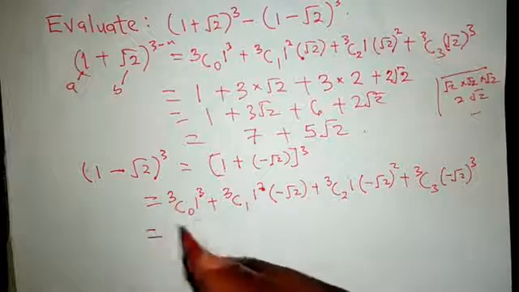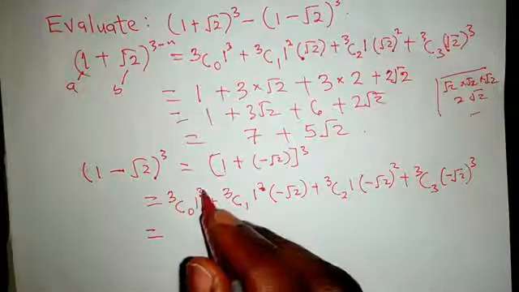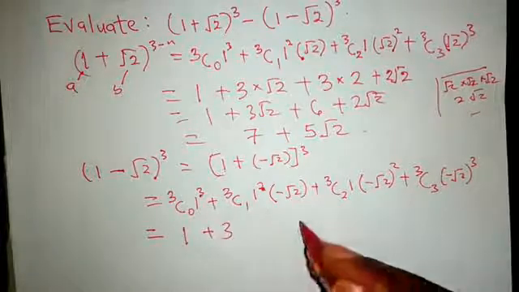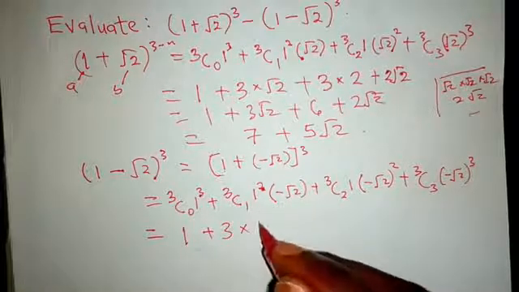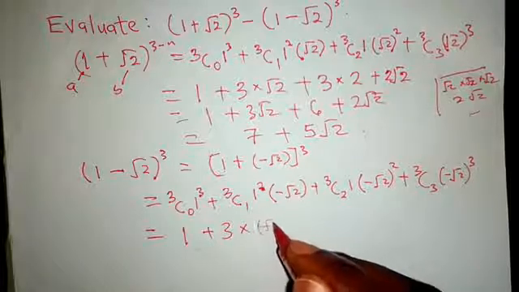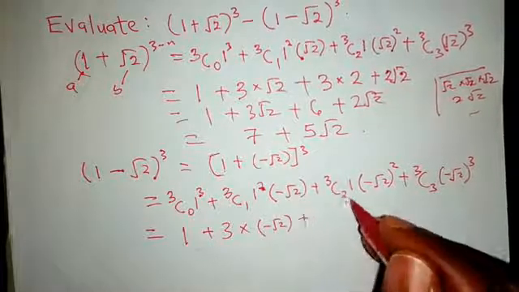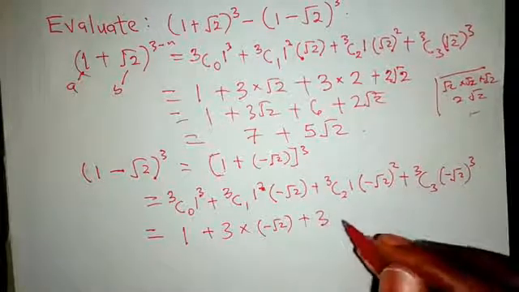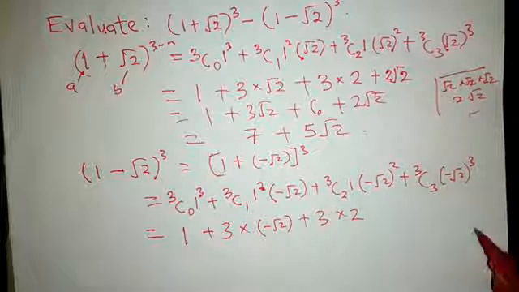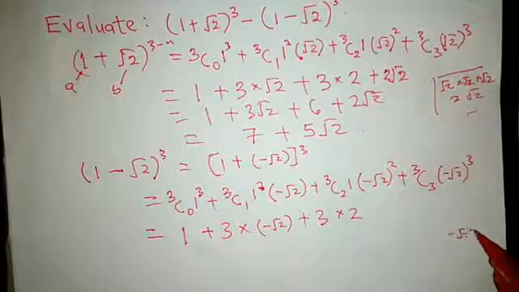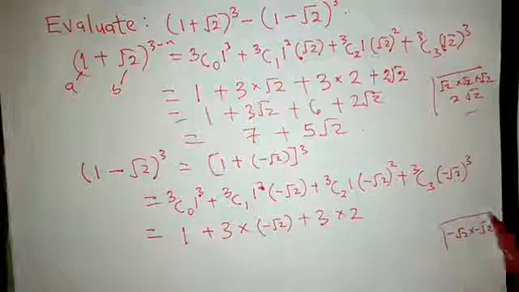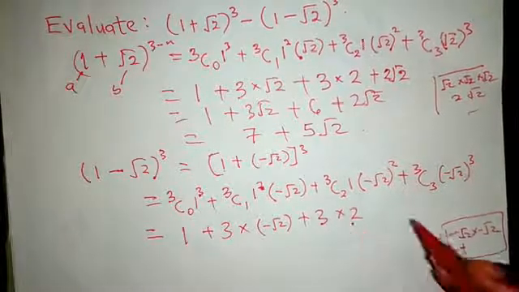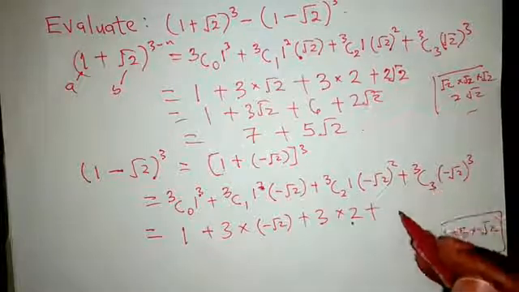And 3 choose 0 is 1, 1 cubed is also 1, plus 3 choose 1 is 3, times minus root 2, we have minus root 2, plus 3 choose 2 is 3, minus root 2 squared gives us 2. That is minus root 2 times minus root 2. Minus times minus is plus, root 2 times root 2 is 2. So that gives this. Plus 3 choose 3 is 1.